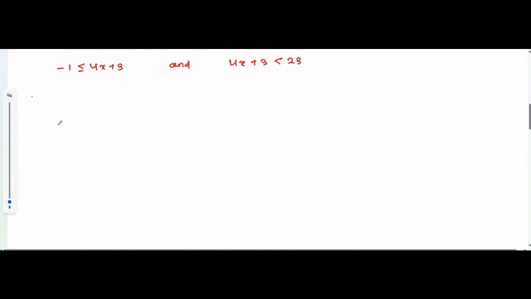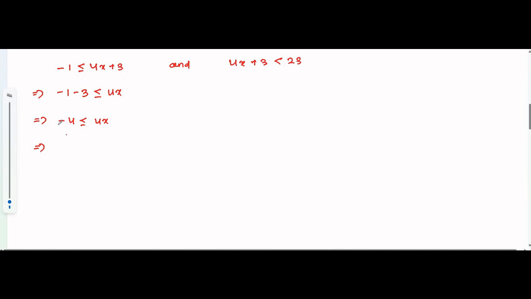So here, if we take this 3 to the other side, we will have minus 1 minus 3 is lesser than equal to 4x. That implies minus 4 is lesser than equal to 4x. We have studied in the rules of handling inequations that if we change the sign on both sides, the sign of inequality reverses.